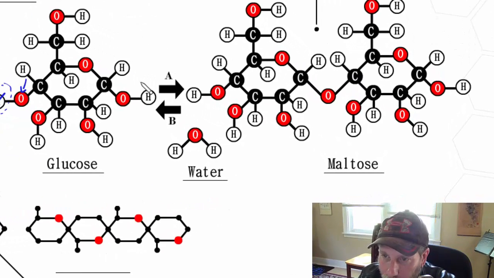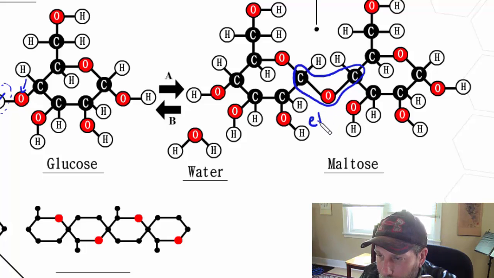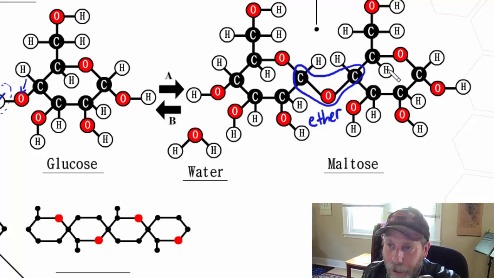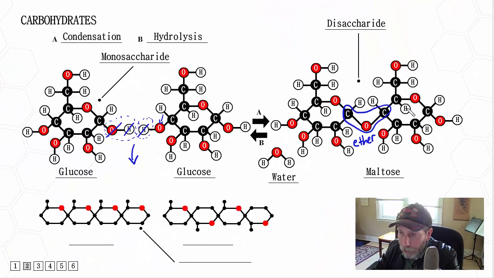This was the carbon from the glucose on the right, so it would be this carbon and its oxygen and another carbon, and that is an ether between the two molecules when they came together. That's an ether, and so this is called an ether linkage. It is a functional group within the disaccharide maltose. It is an ether functional group.